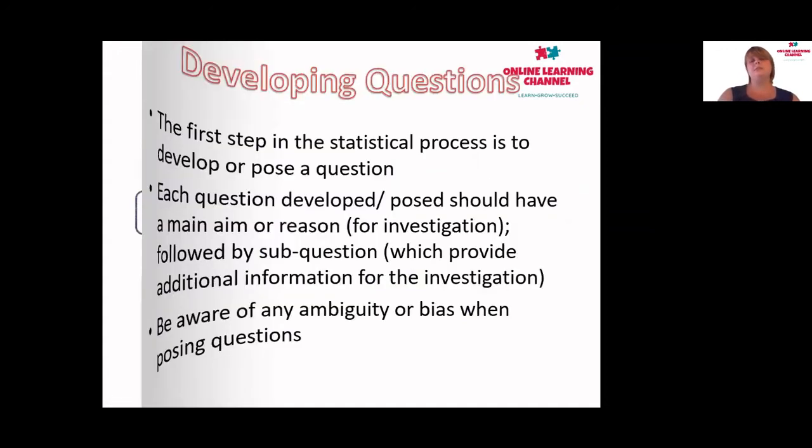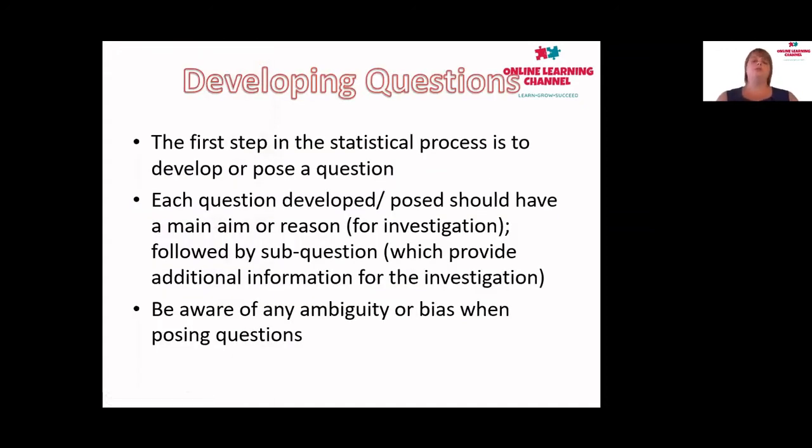So the first step is developing a question. In this statistical process, you develop and pose a question. Each question developed or posed should have a main aim or reason for investigation, followed by sub-questions, which provide additional information into the investigation.